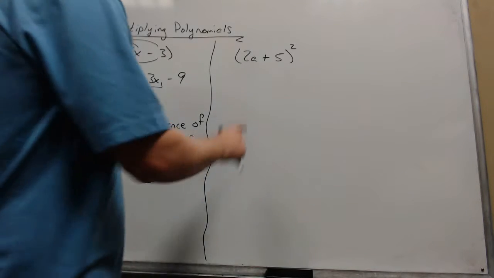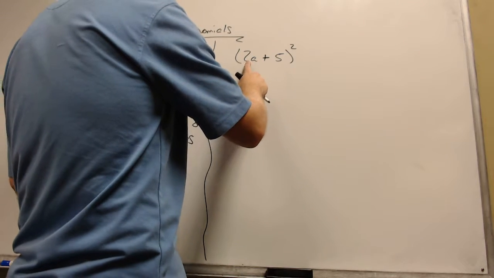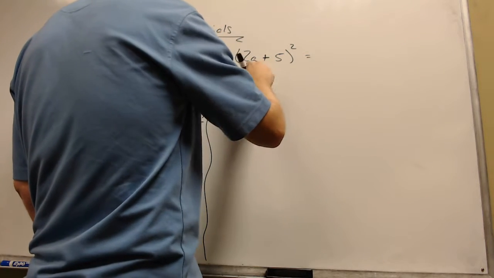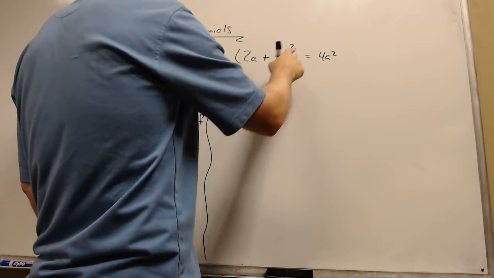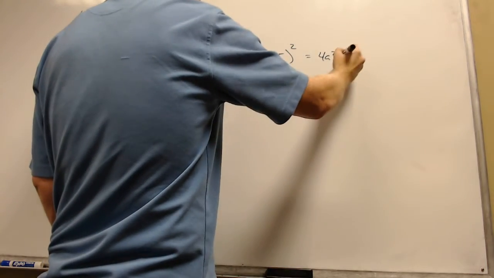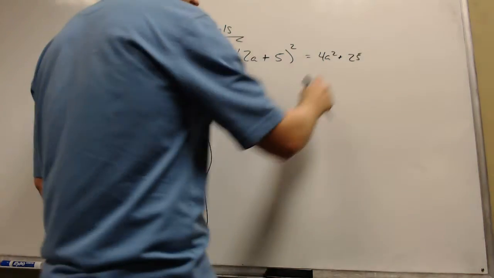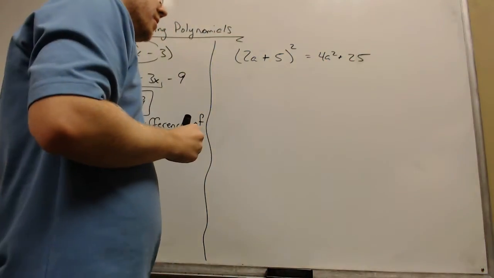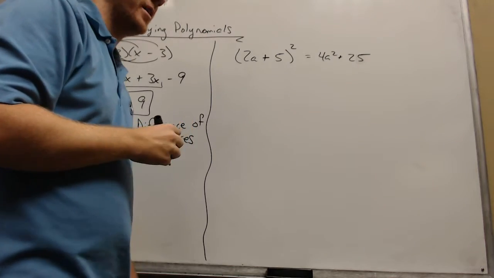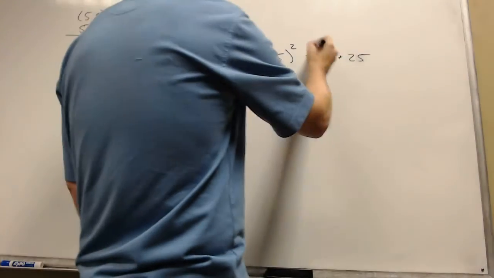I know how to square 2a. Lots of people will say, yeah, 2a squared, that's 4a squared. And I know what 5 squared is, that's 25. And lots of people will write this, 4a squared plus 25. And if you do write that, you're almost right. You have 2 out of the 3 pieces to the puzzle, but this is not the correct answer.